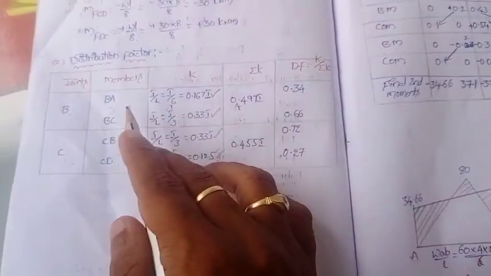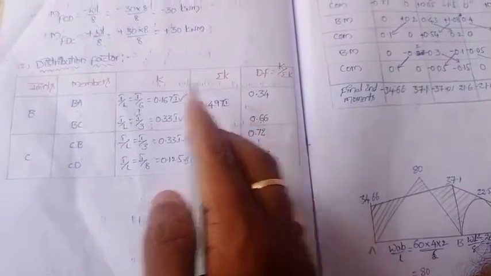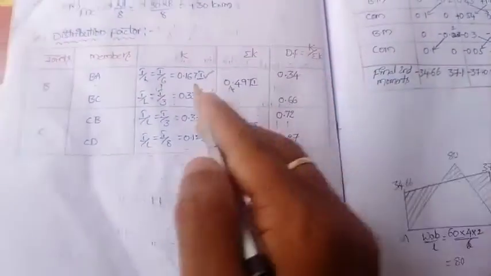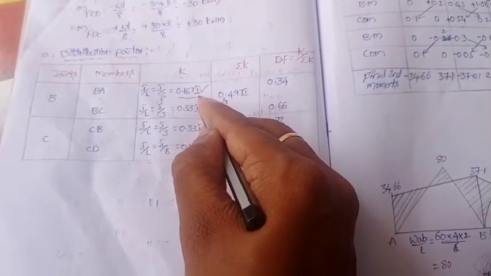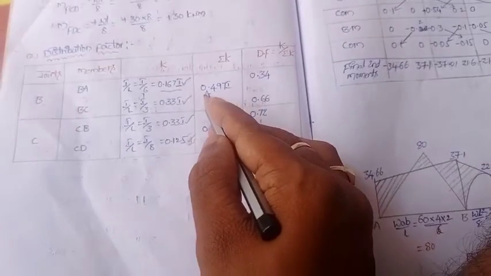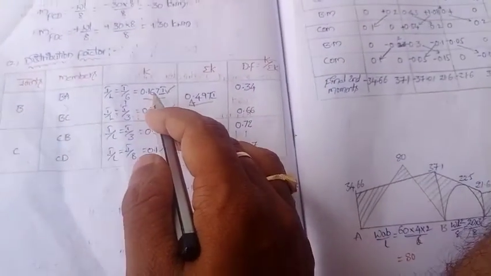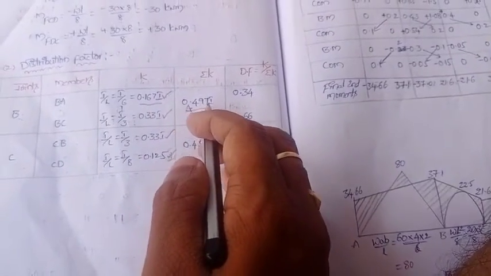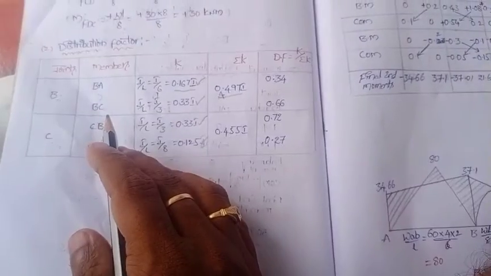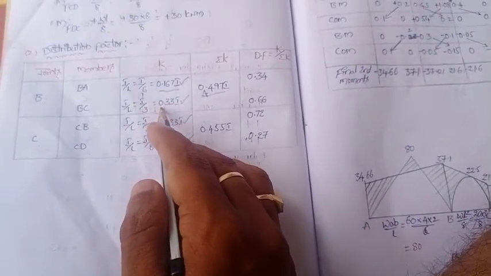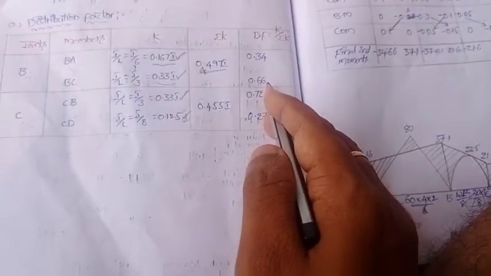So stiffness for BA by summation of stiffness for B joint, K by sigma K, 0.167 by 0.497, I gets cancelled, 0.34. Next, distribution factor for BC span, 0.33 I by 0.497 I, 0.66.